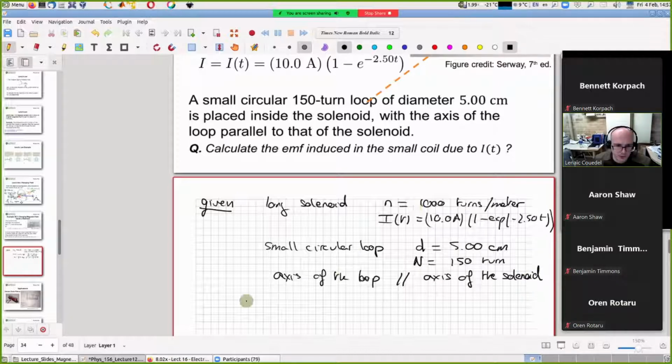And the question is: calculate the EMF in the loop, in the small loop.